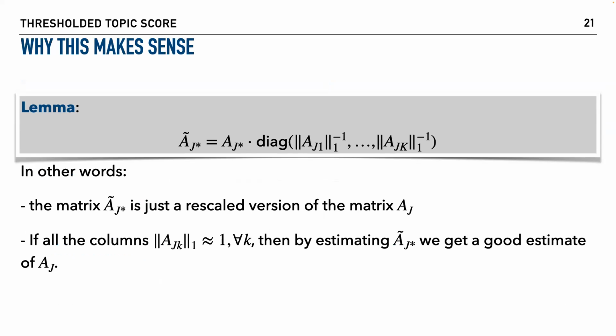The first thing we show is that the underlying matrix is essentially a rescaling of A. Intuitively, if you take AJ1, for instance, to be approximately 1, so that most of the mass of the topic is in J, then by estimating A star J we get a good enough estimate of AJ. So there's not much difference.